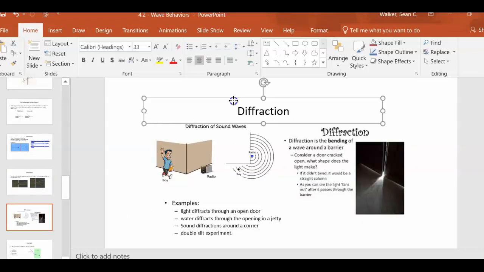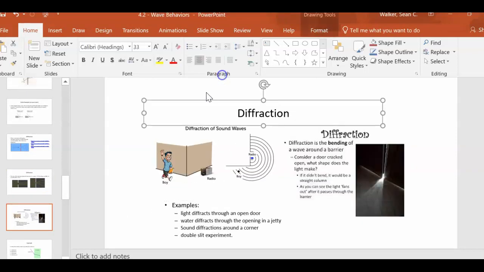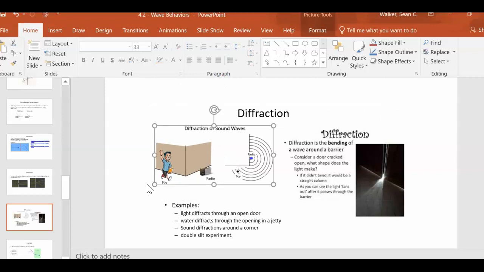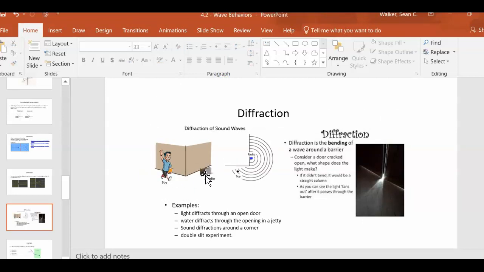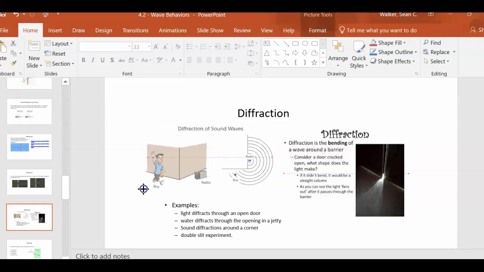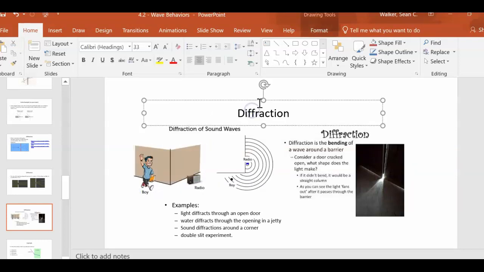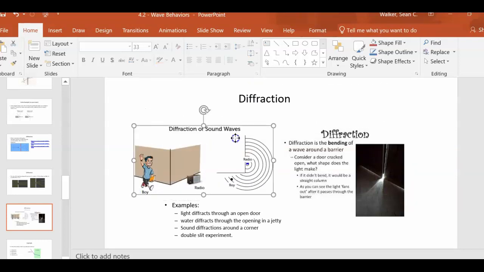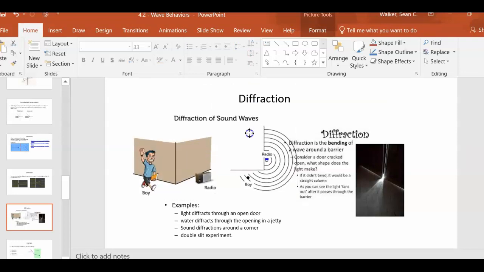And so a couple applications of this that you might have experienced before. Number one, you might not have known it was because of diffraction, but let's say you put a radio around the corner and you turn it on and you go around the corner.